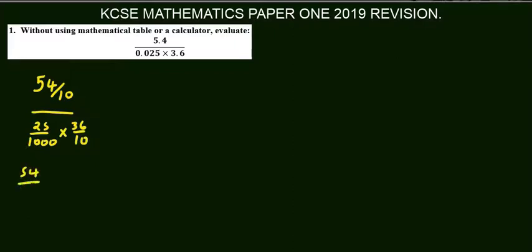So this simplifies to 54 over 10 divided by 25 times 36 over 10,000.